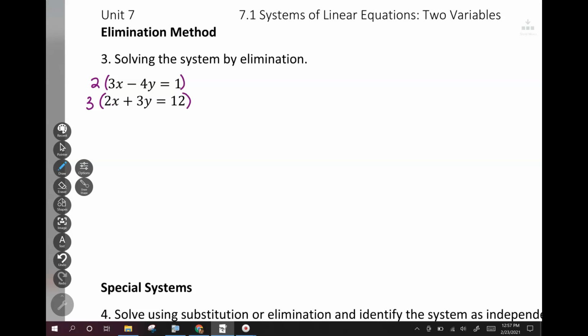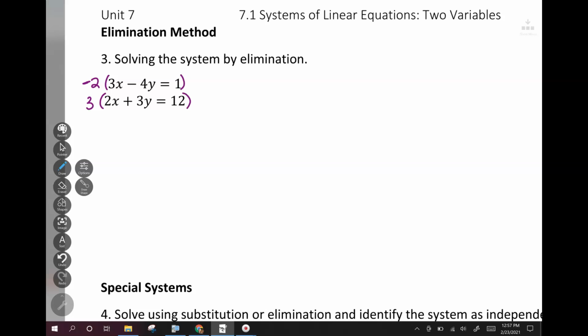You actually want the signs to be opposite, so I'm going to change this to a -2. So the coefficient on x in the first equation will be -6, and in the second equation will be +6. So you want them to be the same number, but opposite signs, just for one of the variables.